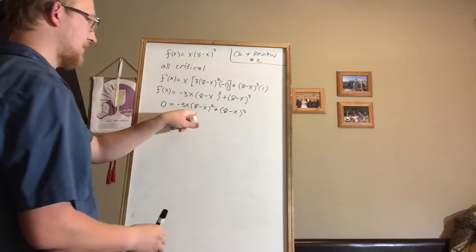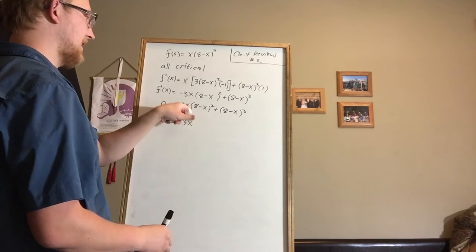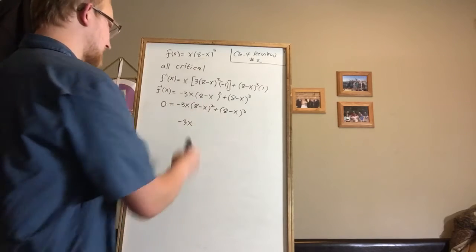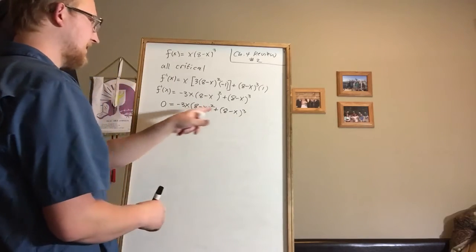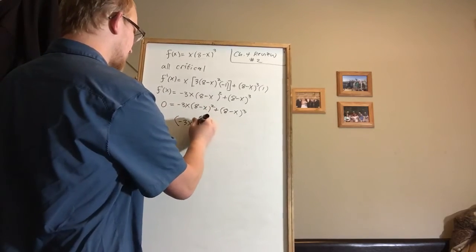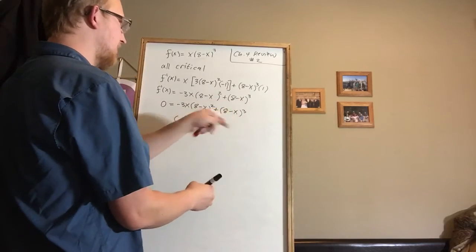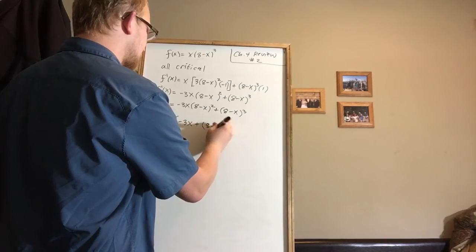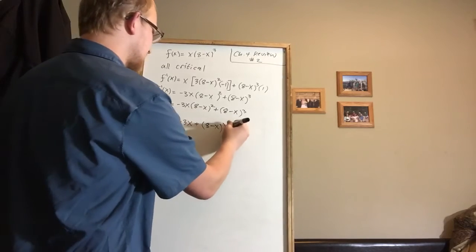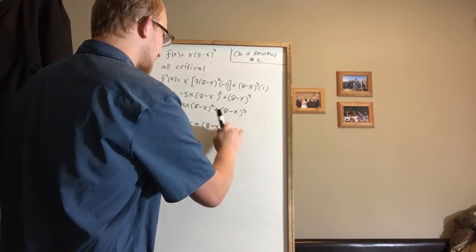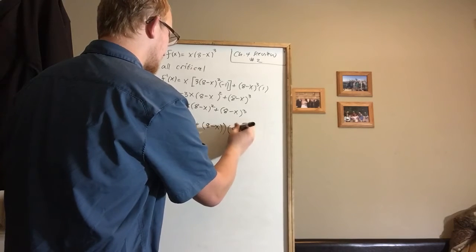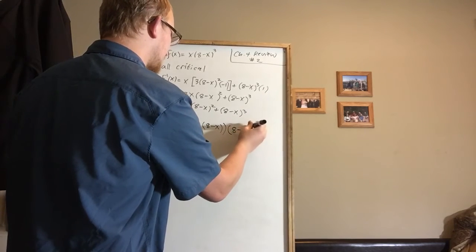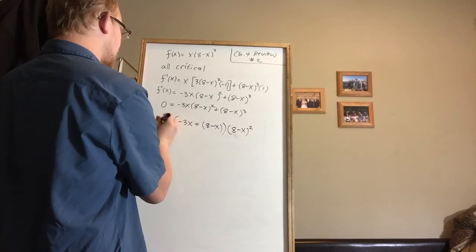That will take 8 minus x squared completely out of negative 3x times 8 minus x squared. And for this one, 8 minus x cubed, if we take out 8 minus x squared, we're just left with 8 minus x to the first. So we've successfully factored out an 8 minus x squared from both of these terms.